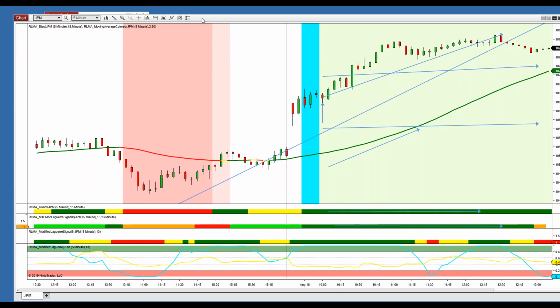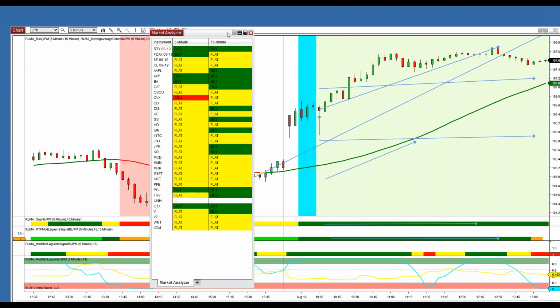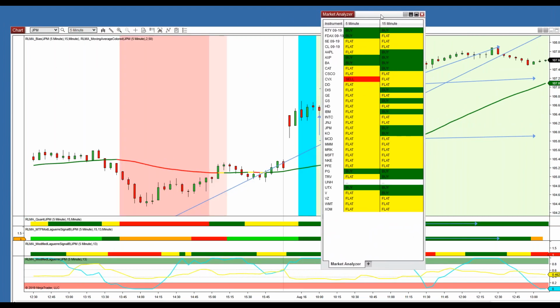Now, what I want to do is show you the analyzer. And you can see it right here. Now, the software does all the work for you. If you're trading a 5-minute chart, all you have to do is look at the 5-minute column, just like this.